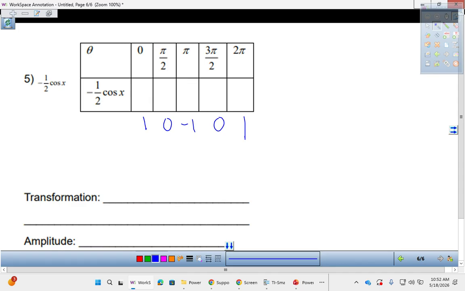Look at the trig function. The sine is going to have values written on the bottom. Cosine's going to have different ones, all right? Now, what am I going to do to those values? I want them to be multiplied by negative 1/2.